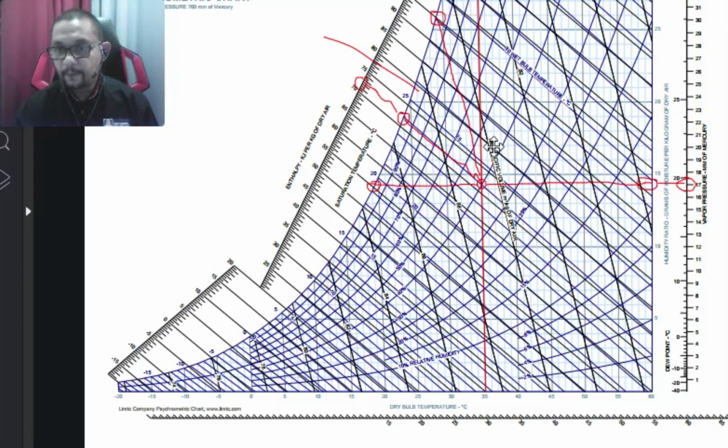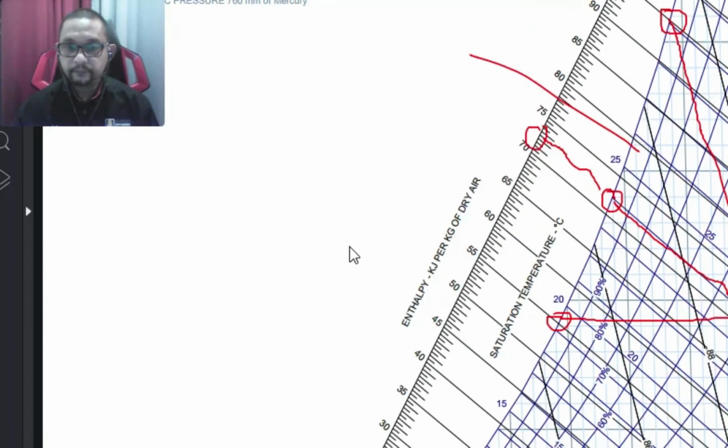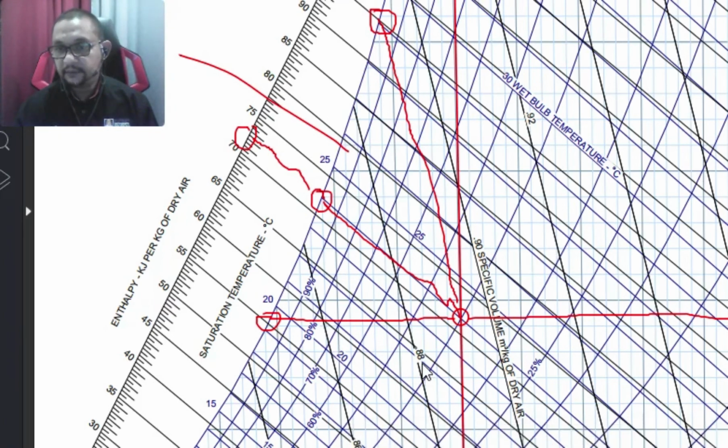Here is 0.90, and here is 0.88 specific volume.